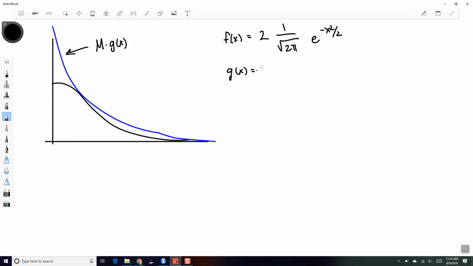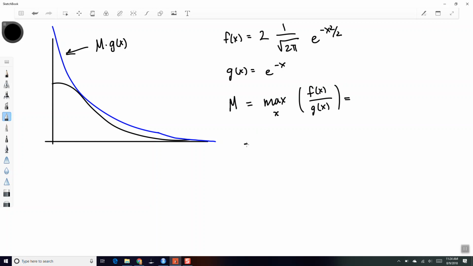And g of x is e to the negative x, okay? And we want m to be equal to the max value of f of x divided by g of x, okay?